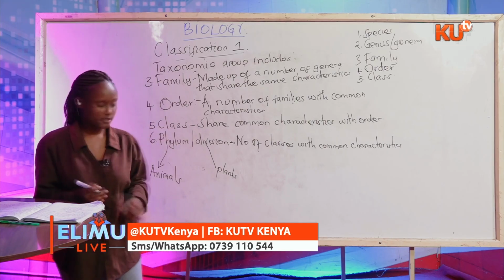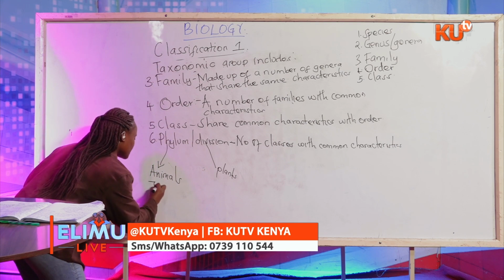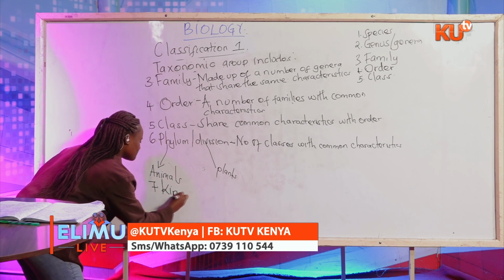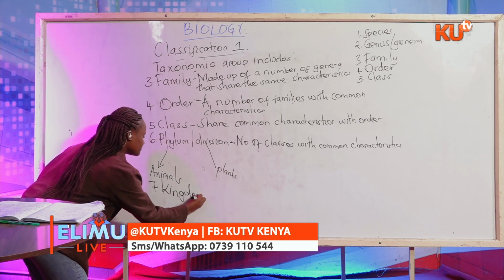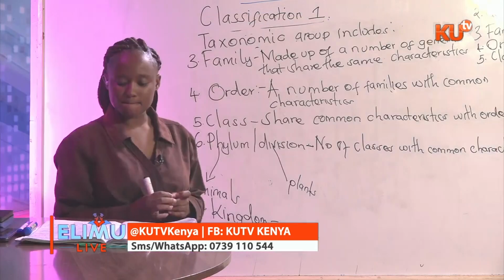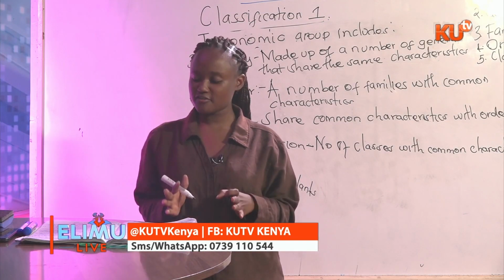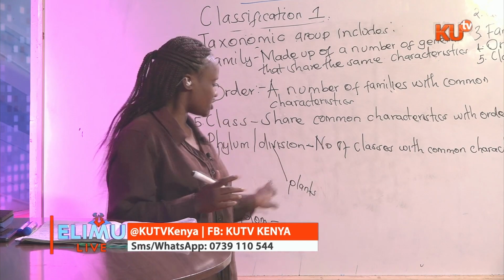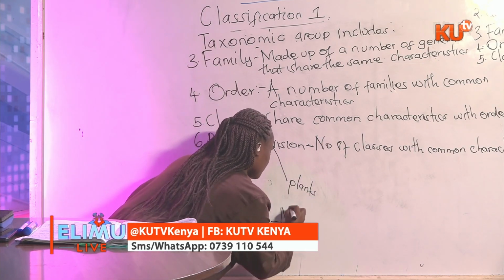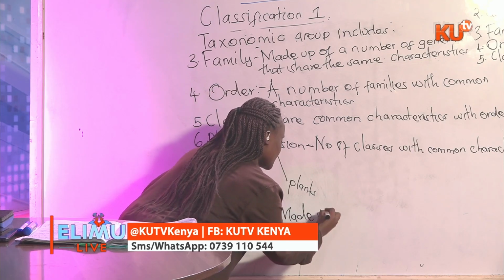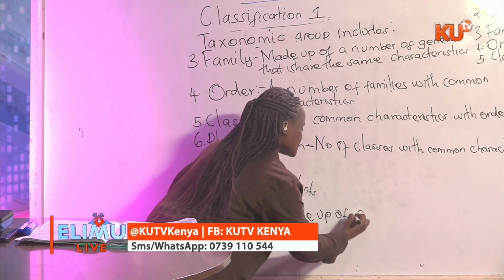Now we go to the seventh one. We have kingdom. Kingdom is made up of several phyla or divisions. Made up of several phyla.